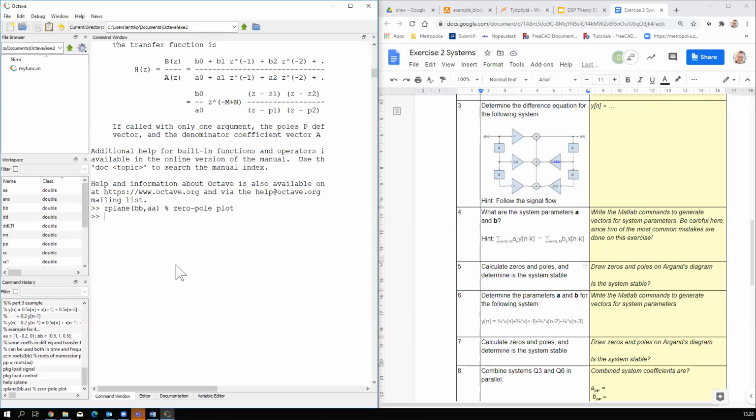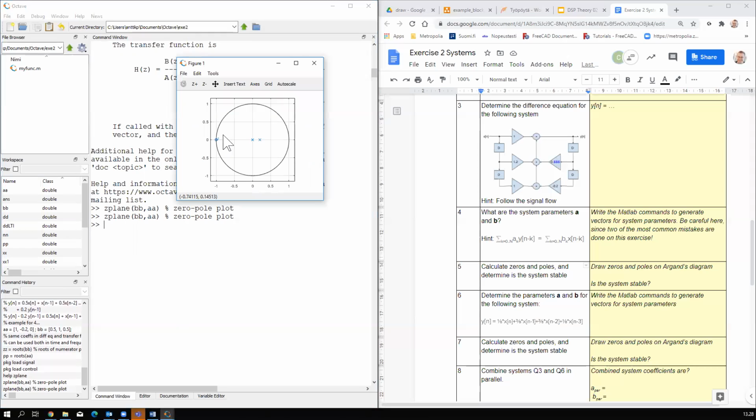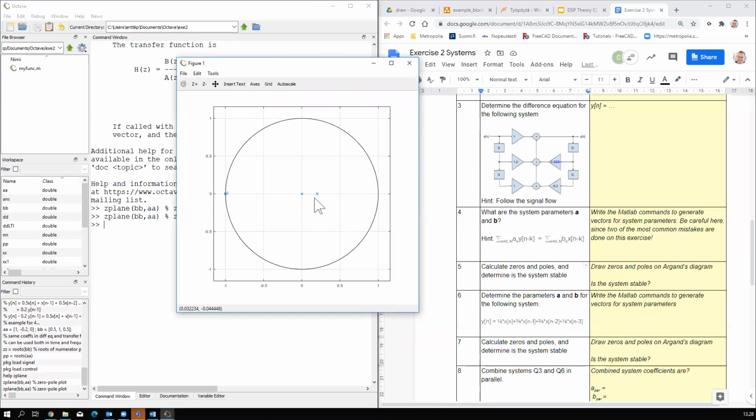Oops, it goes in the small window. Okay, the zero-pole plot is here. We have a double zero at point -1 on the real axis, and then we have these two poles inside of the unit circle. That's the unit circle. Great.